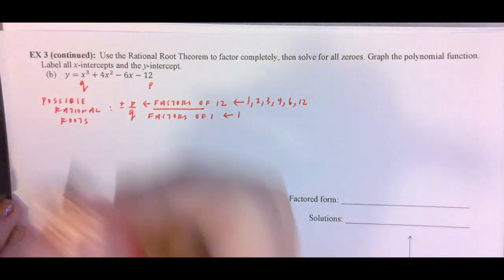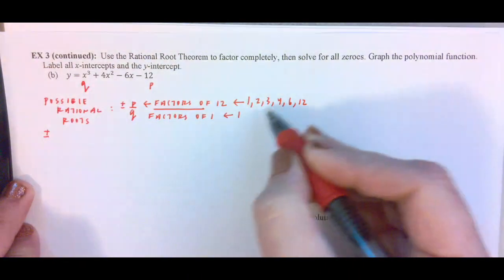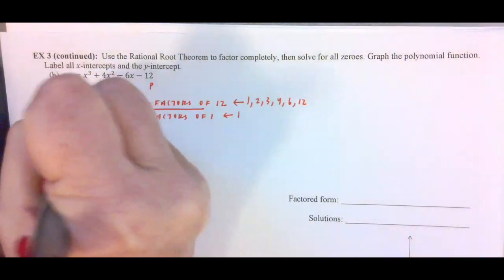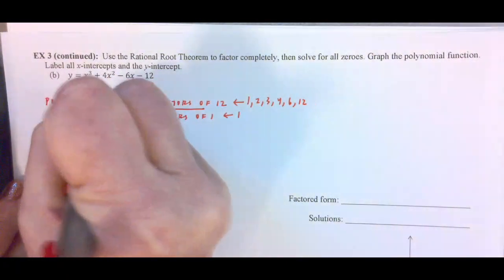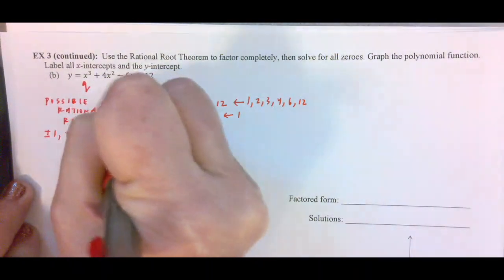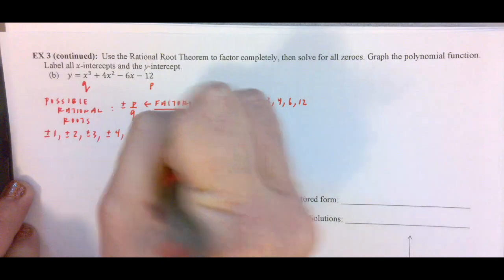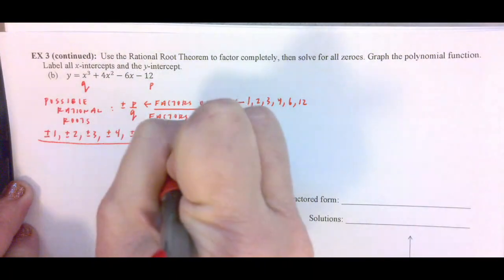So when I build my list, right, 1 over 1, 2 over 1, 3 over 1, etc. So plus or minus 1, plus or minus 2, plus or minus 3, plus or minus 4, plus or minus 6, plus or minus 12. All right, there is my list.